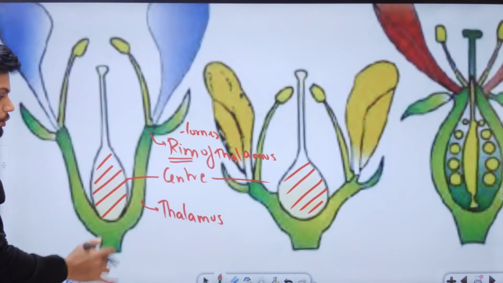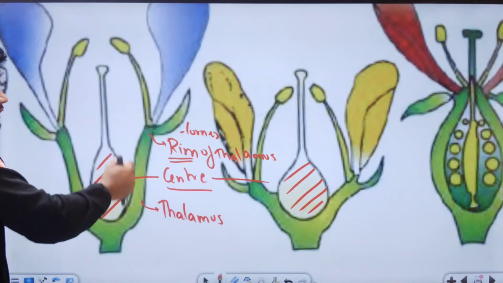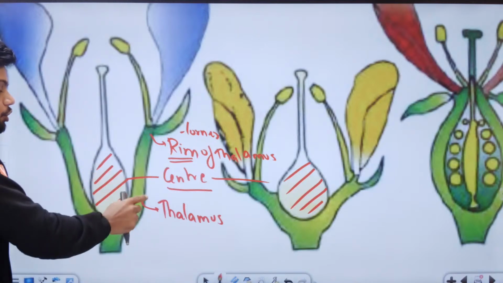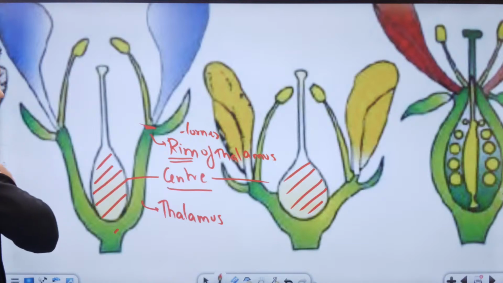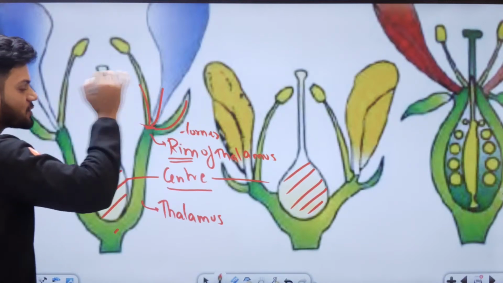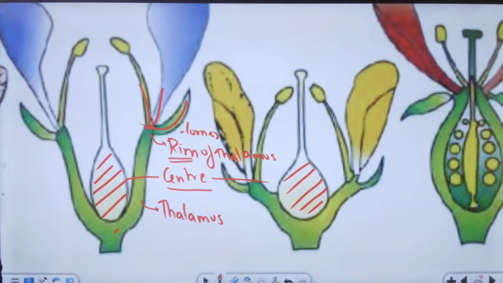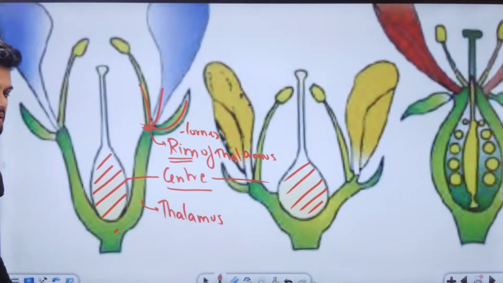Can you see, the ovary is in the center, and the other whorls are arising from the corner of the thalamus. Here we have stamen, petal, as well as sepal. Every other whorl is arising from the rim of thalamus.